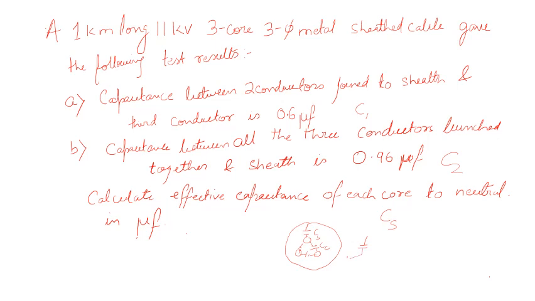We found the neutral and connected it to the sheath, the virtual neutral, and then we did the calculation. So it is asking for each core to neutral, meaning one core and then the neutral. Just do the calculation and tell me the answer. Share the answer in the Google Classroom.